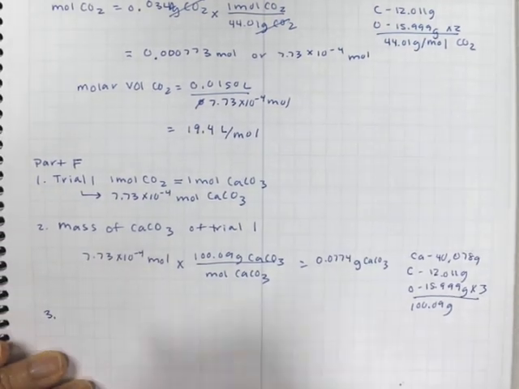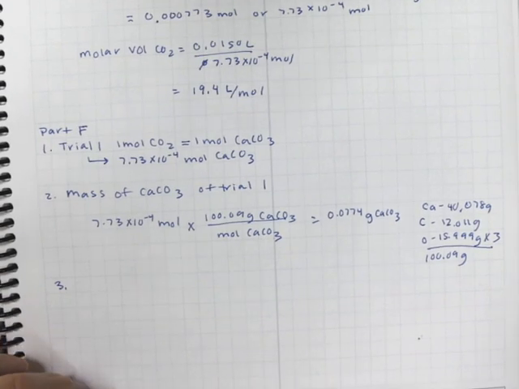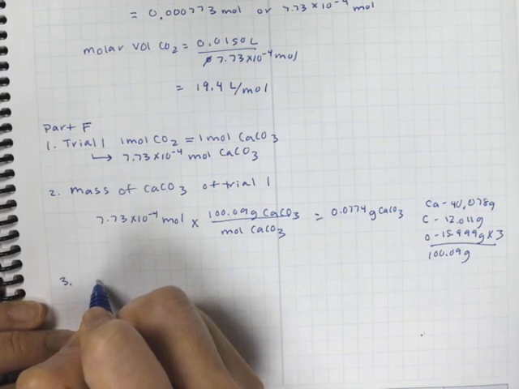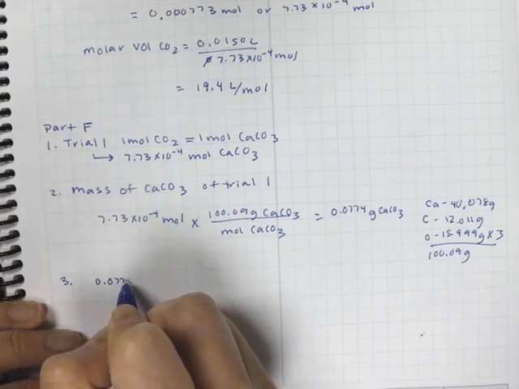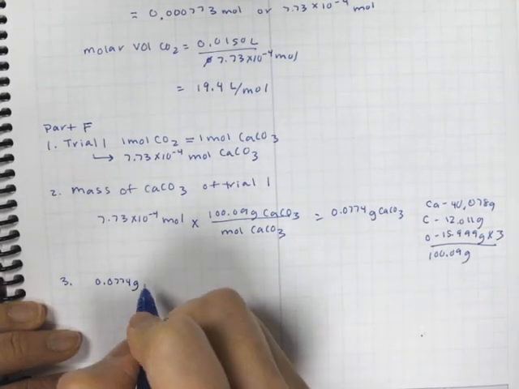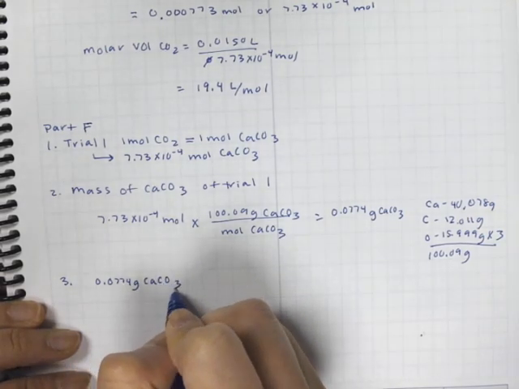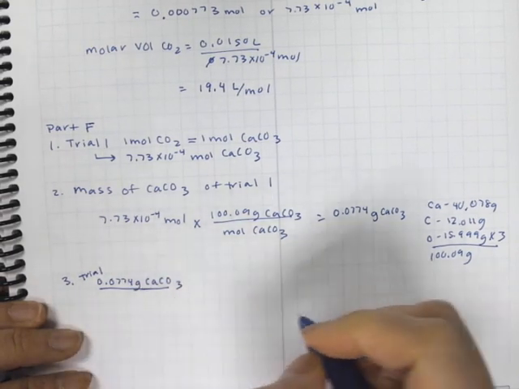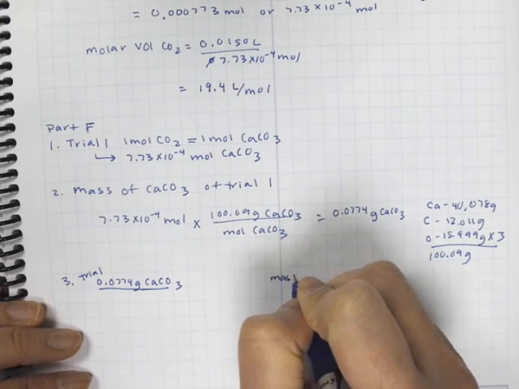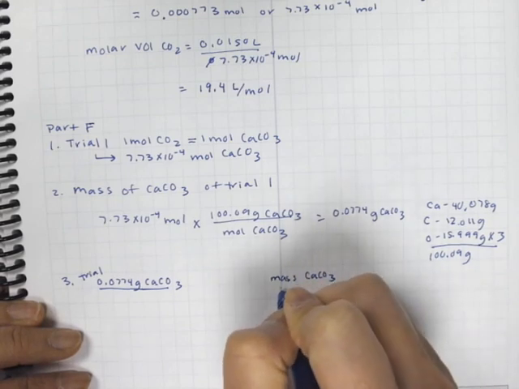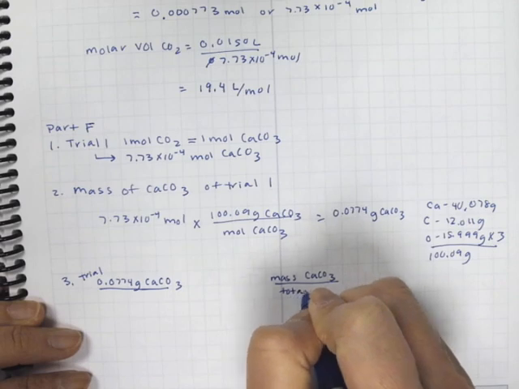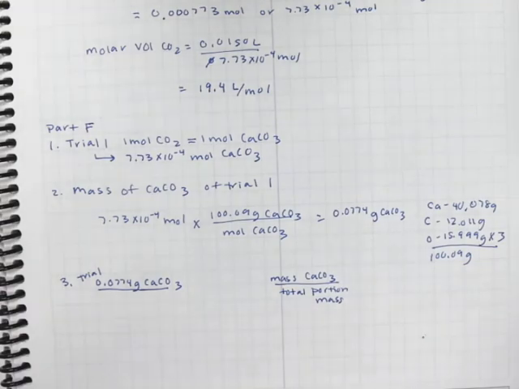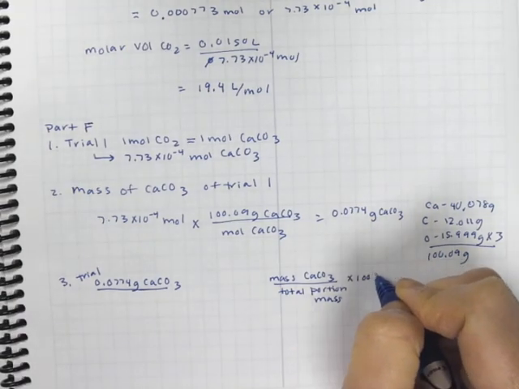For number 3, determine the percent calcium carbonate in each of the portions. That would be the 0.0774 grams of CaCO3, for trial 1, divided by the total portion mass, times 100.